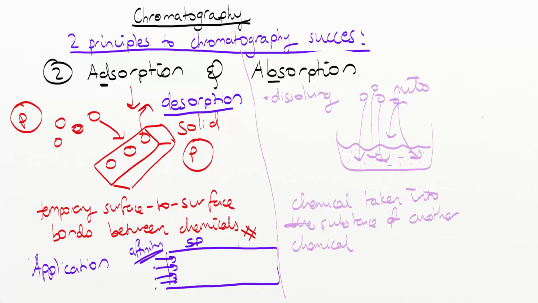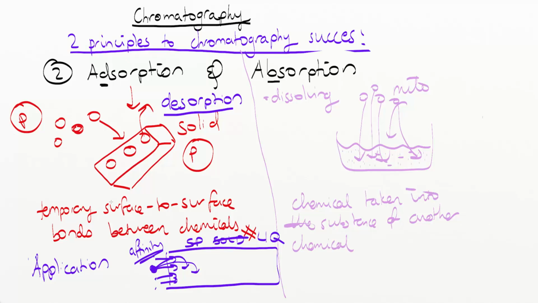So, how does this affinity manifest itself? If the stationary phase is a solid, the components will adsorb onto the surface of the solid and get stuck there. If the stationary phase is a liquid, the particles will dissolve into the liquid and stay there.